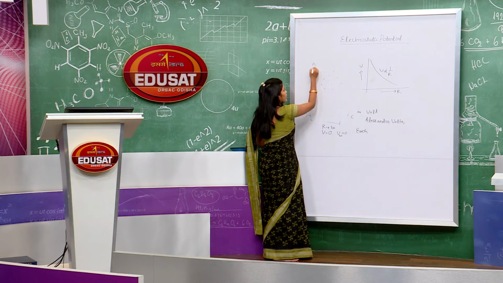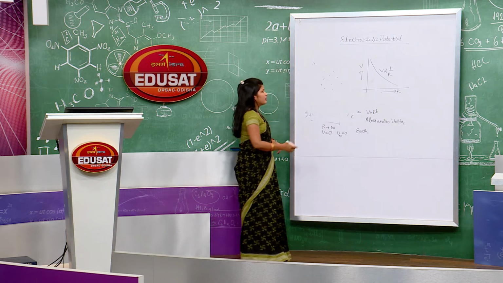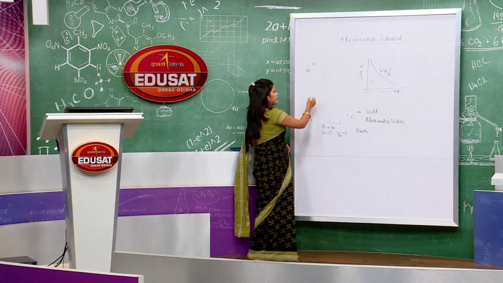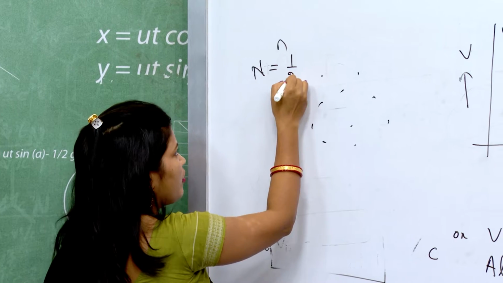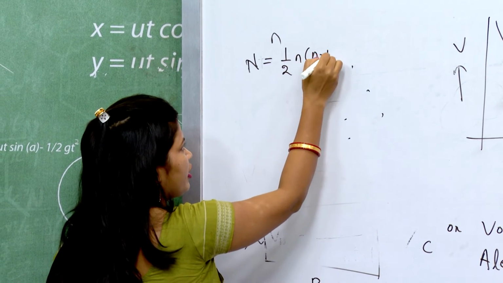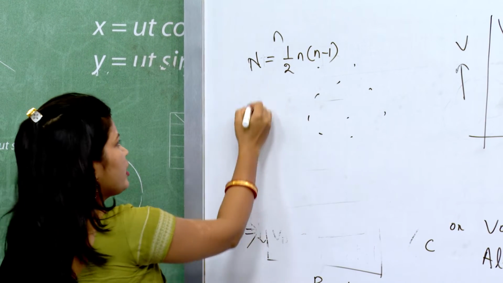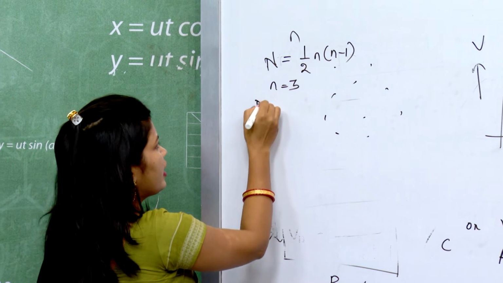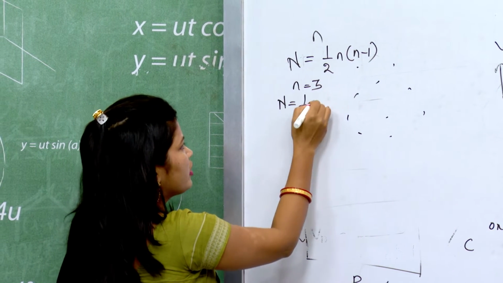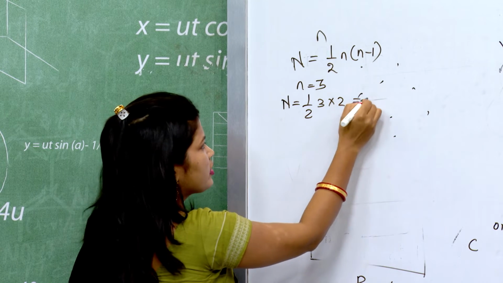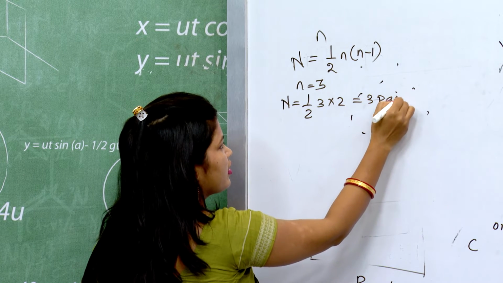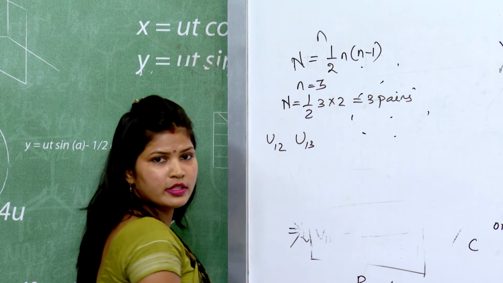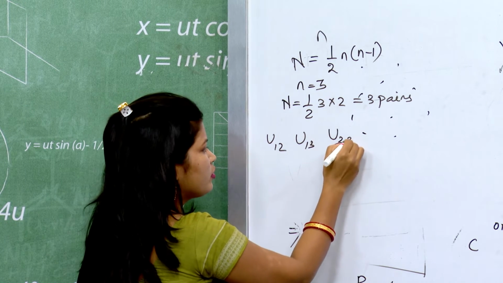Suppose you have an n particle system and there are capital N number of pairs, then capital N is equal to half n into n minus 1. Suppose n is equal to 3, that means you have a 3 particle system, then capital N is equal to half into 3 into 2, that means 3 pairs, that is U12, U13 and U23.